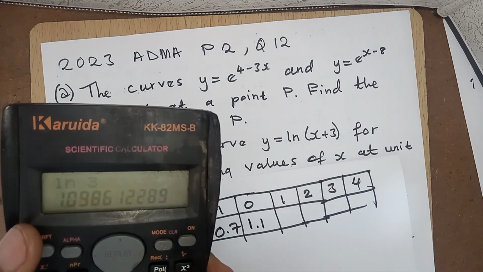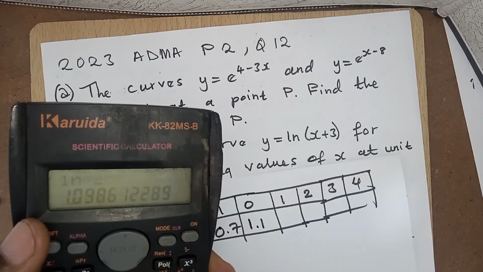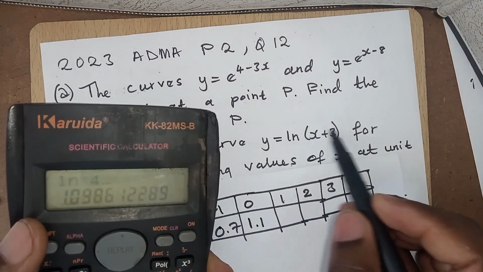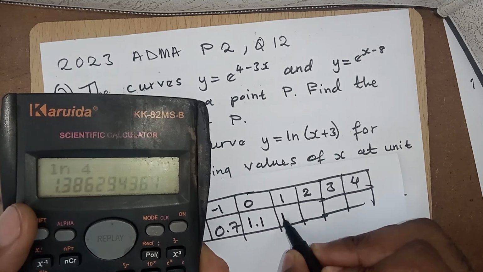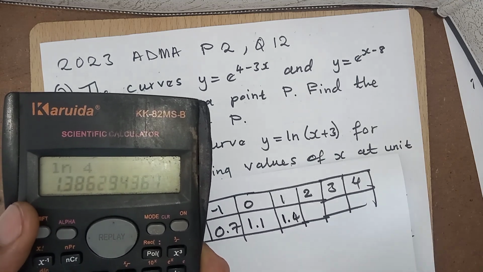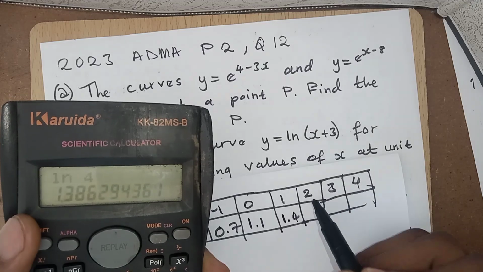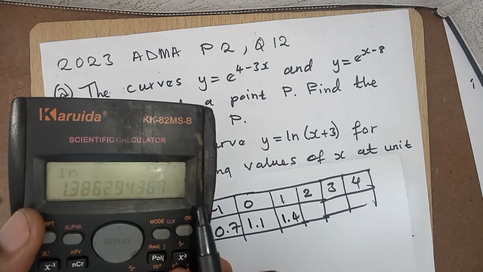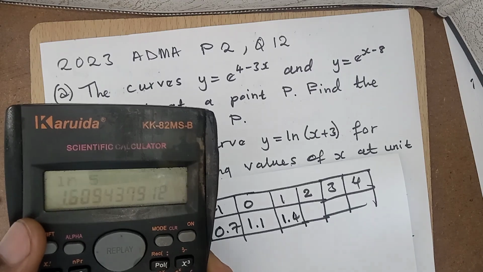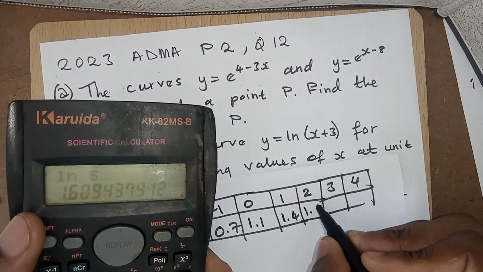When x is 1, you have ln 4, I'm just putting my 1 there and adding it to 3. This will give you about 1.4. And then when x is 2, 2 plus 3 is 5, so you have ln 5, which is equal to 1.6.